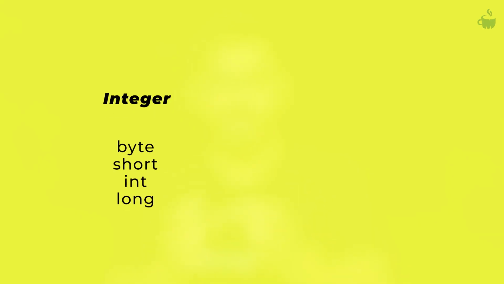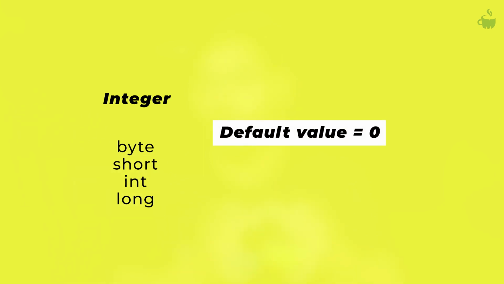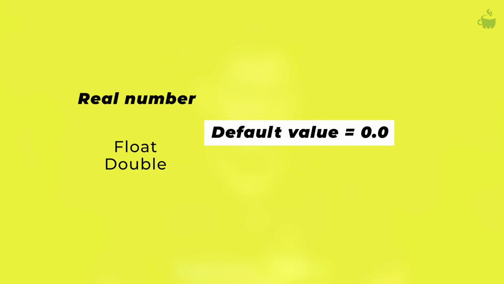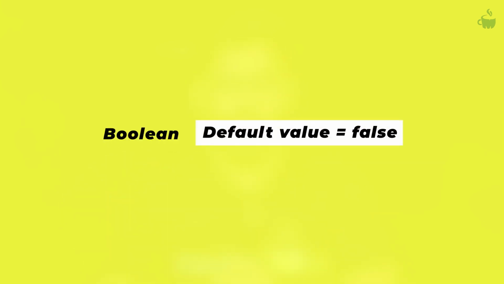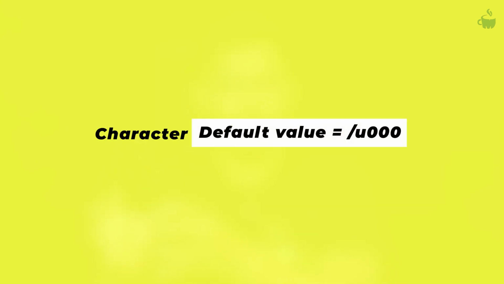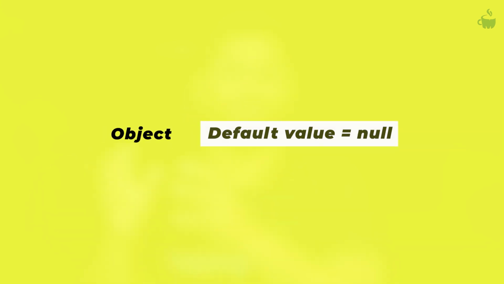If it is an integer type, like byte, short, int, long, the default value is 0. If it is a real number, like float and double, the default value is 0.0. If it is a boolean, the default value is false. If it is a character, the default value is the first Unicode number, that is \u0000, which is nothing but space. If it is any object, the default value is going to be null.